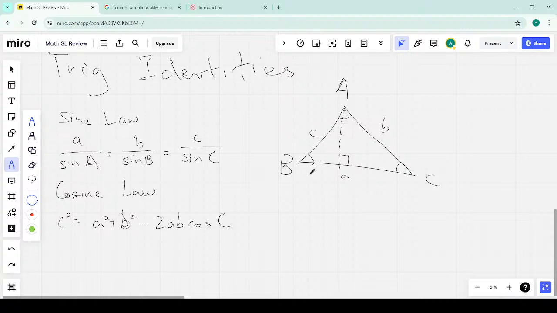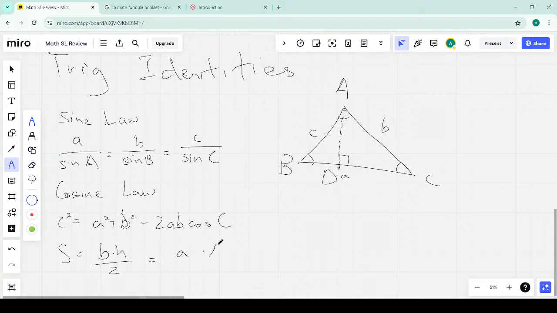Area of a triangle. Okay, so we know that area of a triangle is always just, so I'll say S equals base times height over 2, right? So in this case, base is A, height, let's call this point D, actually.